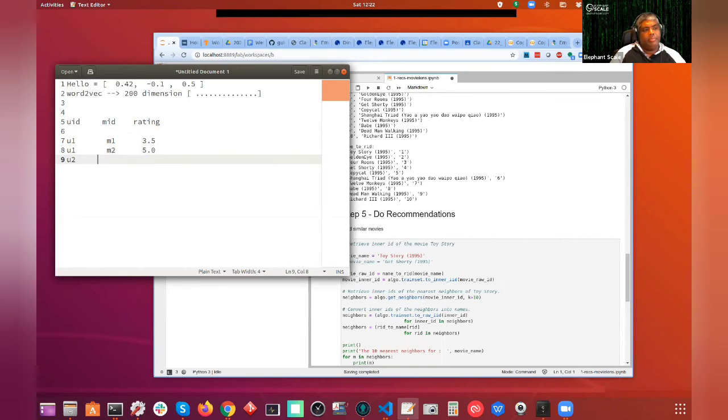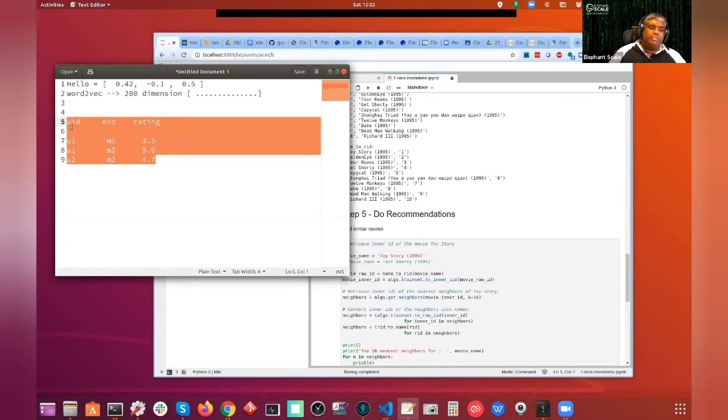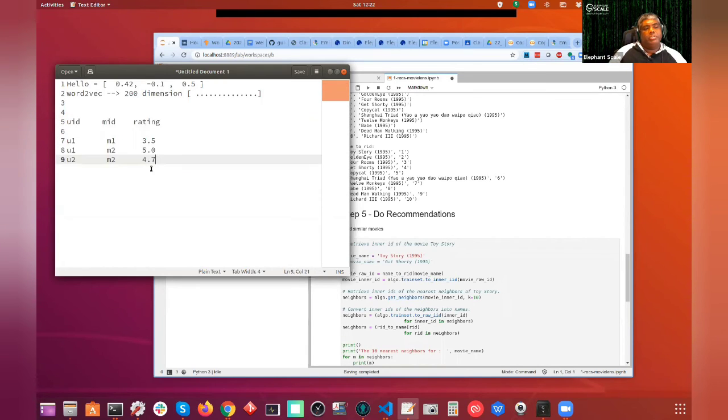User 2 might rate the same movie 2 at 4.7 or something. You get the idea, right? So the matrix looks like this. Think of an Excel spreadsheet of users and movie ratings. Based on this, we are going to do the computation and understand what the data looks like.